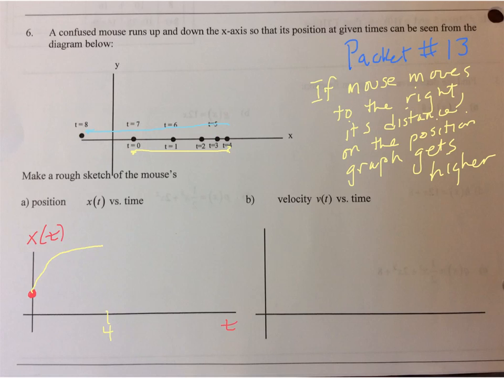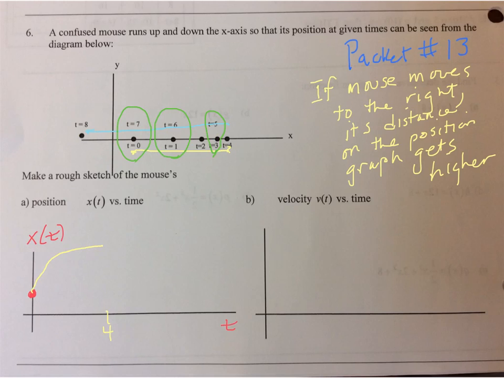Take note also that at t equals 5, its distance is just about the same as it is at t equals 3. So that's the distance from the axis. Likewise, at t equals 6 it is equal to t equals 1, and at t equals 7 it's at the same position.